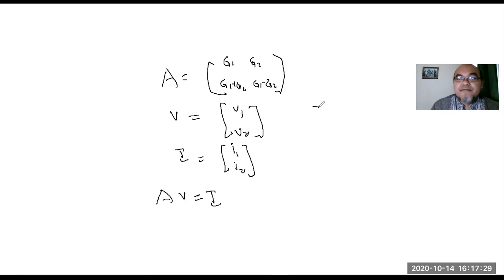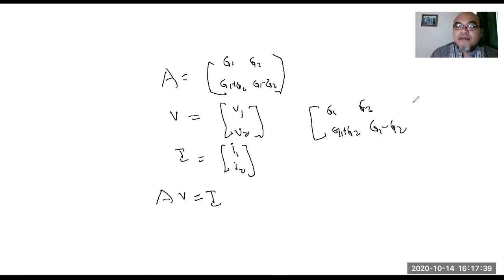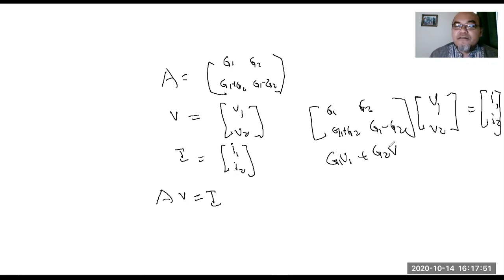So if we write it completely, V1, V2 equals I1, I2. This actually comes from the two-equation system, G1 V1 plus G2 V2 equals I1.